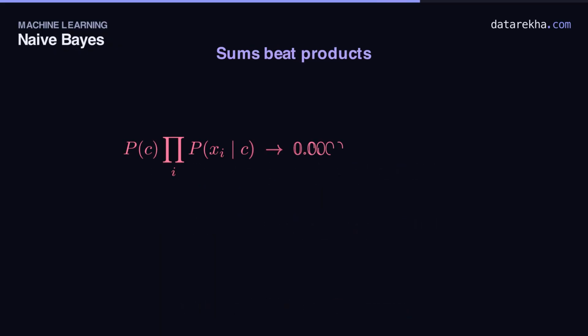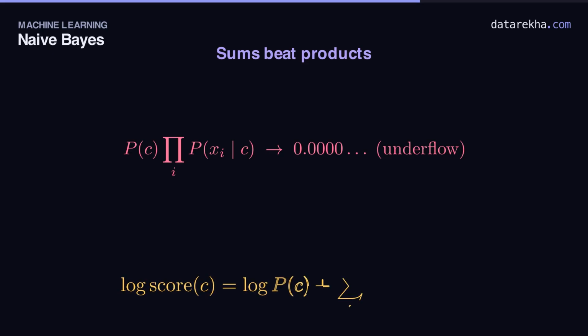One more practical worry. A real email has thousands of words, so the score multiplies thousands of small probabilities. Their product shrinks towards 0 fast, small enough to vanish inside a computer. An underflow. The cure is a classic trick. Take the logarithm. A logarithm turns a product into a sum. So the score becomes the log of the prior plus a sum of log likelihoods.